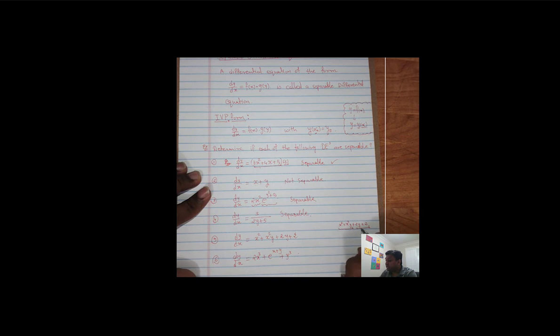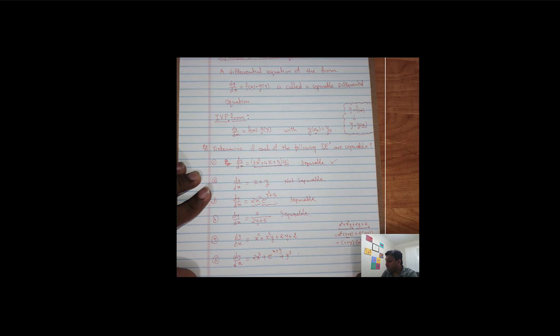Well, let's try to use the standard factorization technique. If I group the first 2 and last 2 terms and factor x square out from the first 2 terms, I get 1 plus y. If I factor 2 out from the last 2 terms, I get the same expression in the parentheses, 1 plus y or y plus 1. You can factor that 1 plus y out from those 2 terms.